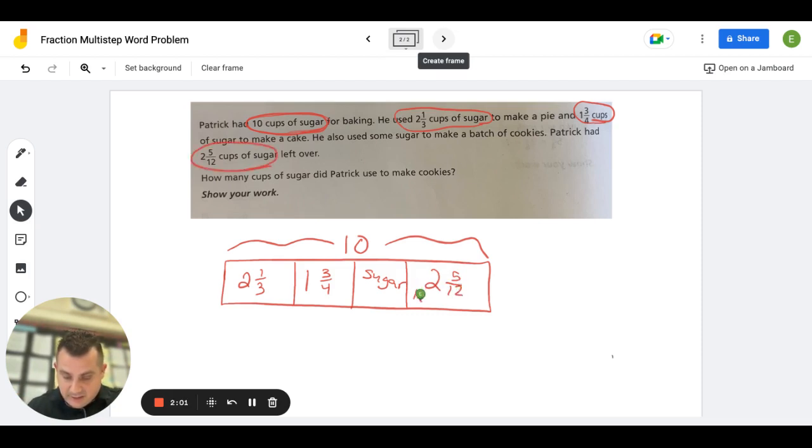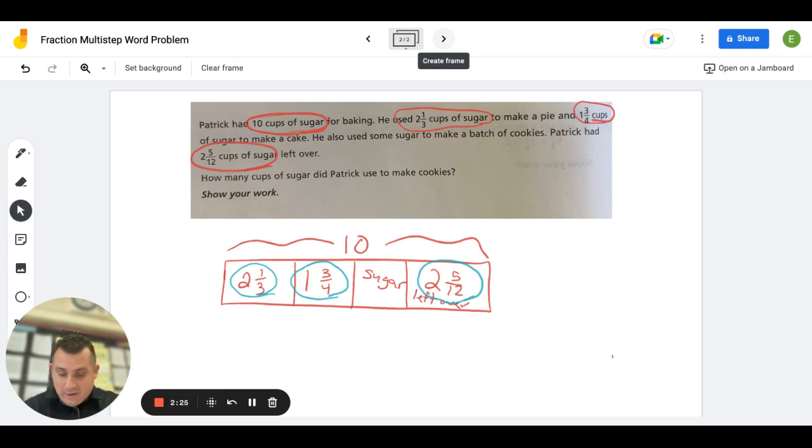You could look right here at my bar model to see that 10 cups total, and we know we used 2 1/3 cups, 1 3/4 cups, and 2 5/12 cups is left over.